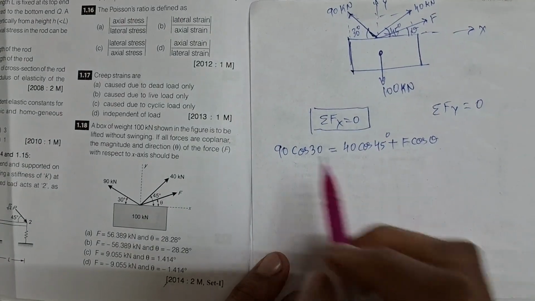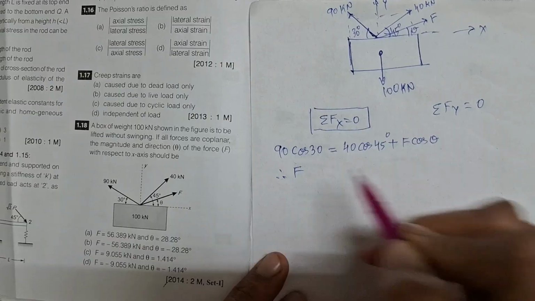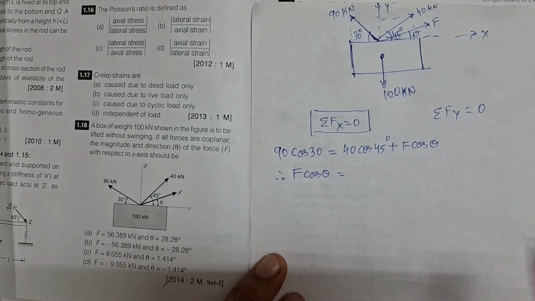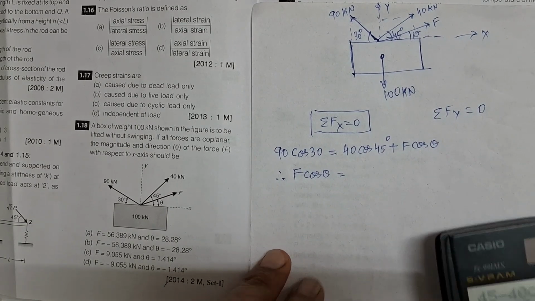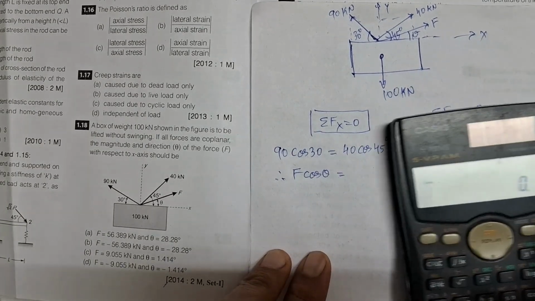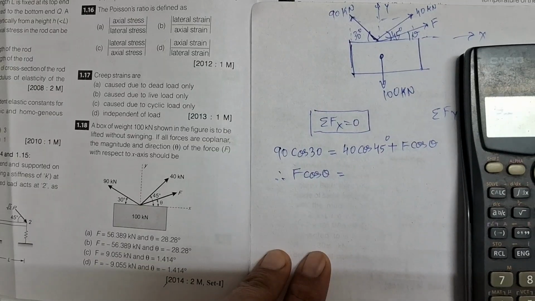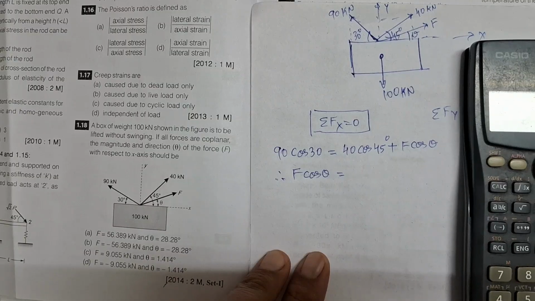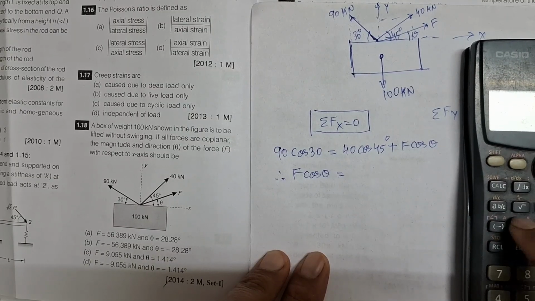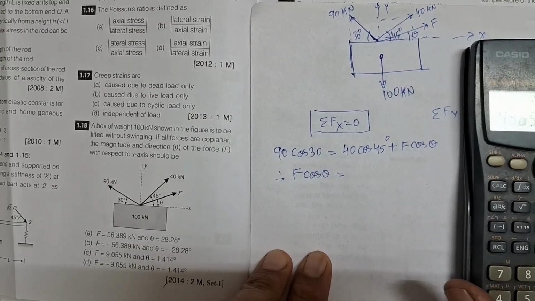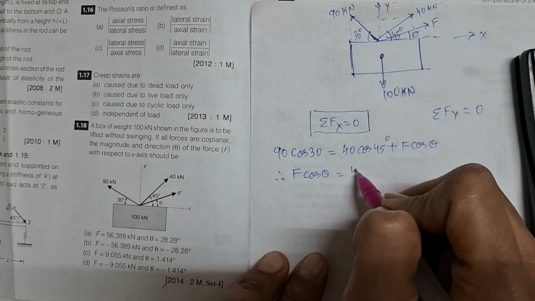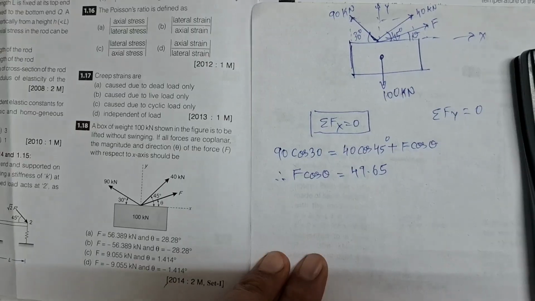Just take this on the left hand side: F cos theta is equal to 90 cos 30 minus 40 cos 45. Let us find out. 90 cos 30 degree minus 40 cos 45 degree gives 49.65.